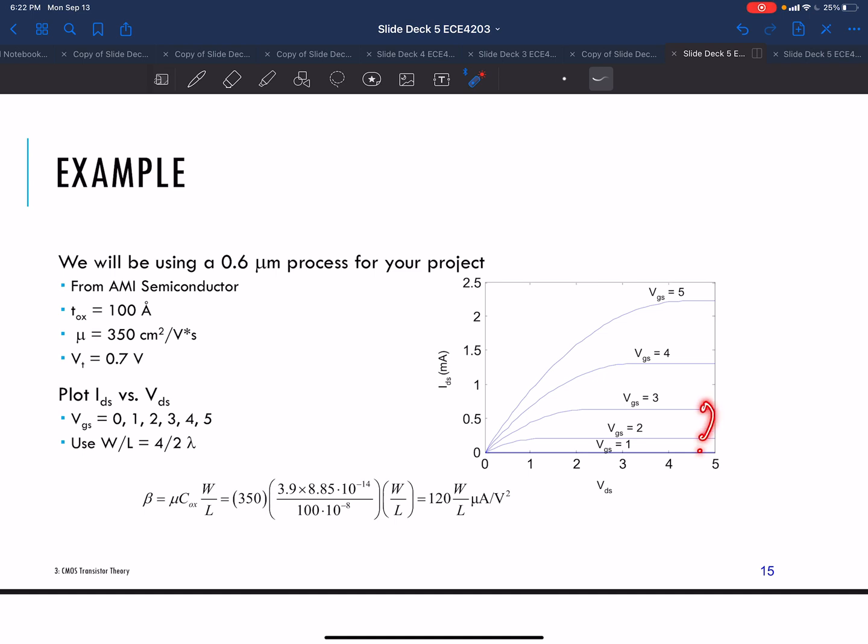So the current just jumps up quite a bit as your VGSs go higher. And after this VDS value, at every point VDSAT increases.